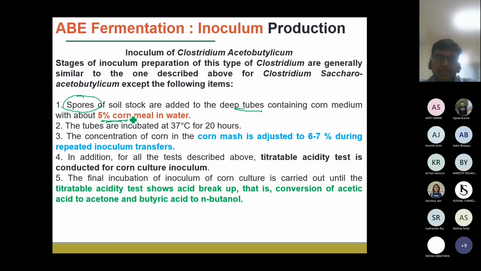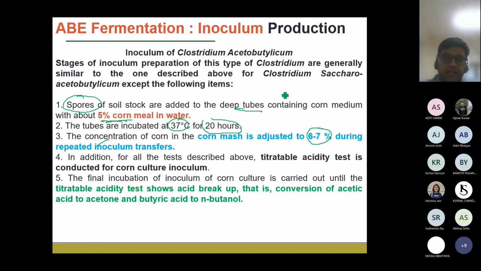In this, the spores from the soil stocks are added deep into the tube, and the tubes are incubated at a temperature of 37 degrees Celsius for 20 hours.